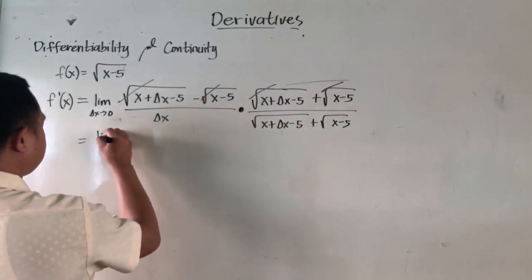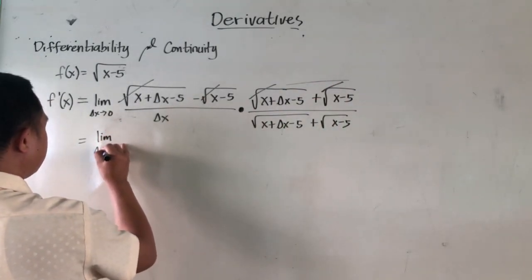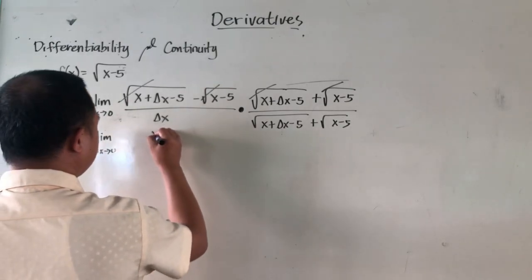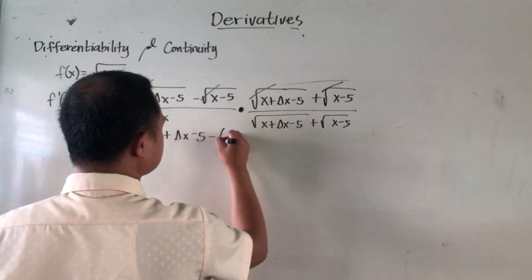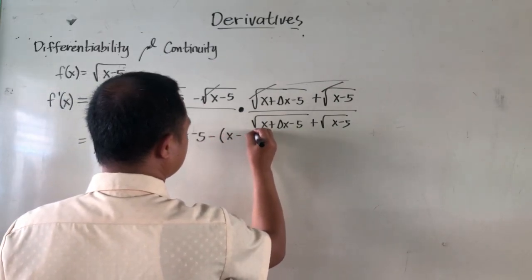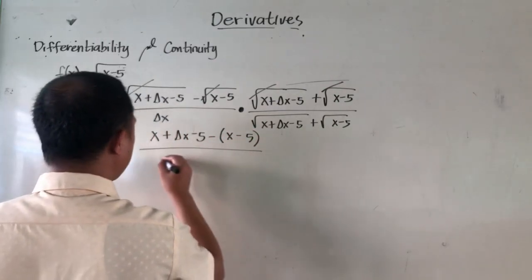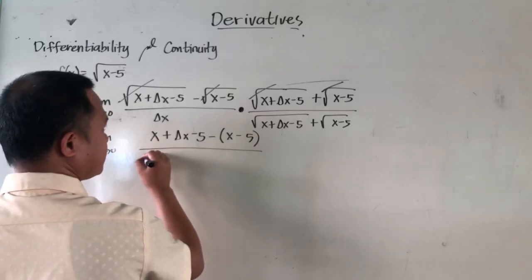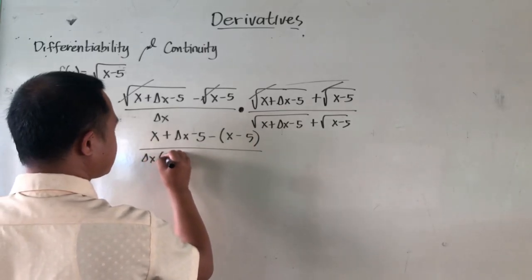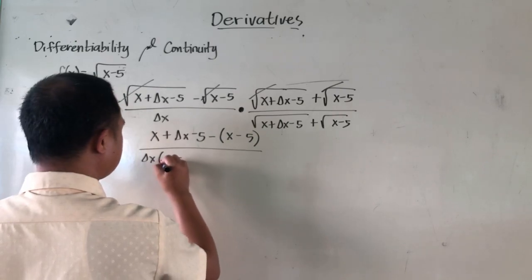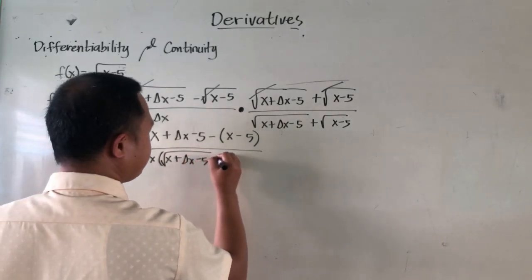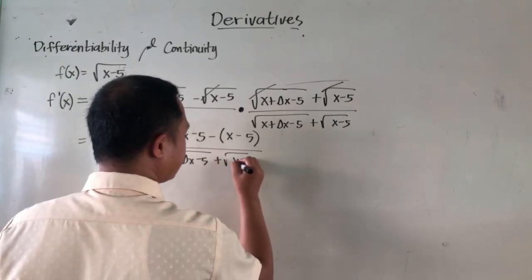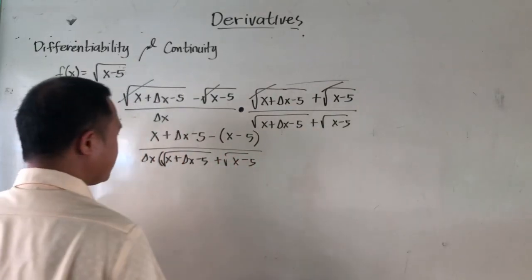So the limit, as delta x approaches 0, we have x plus delta x minus 5 minus x minus 5 over delta x times the square root of x plus delta x minus 5 plus the square root of x minus 5. Okay?